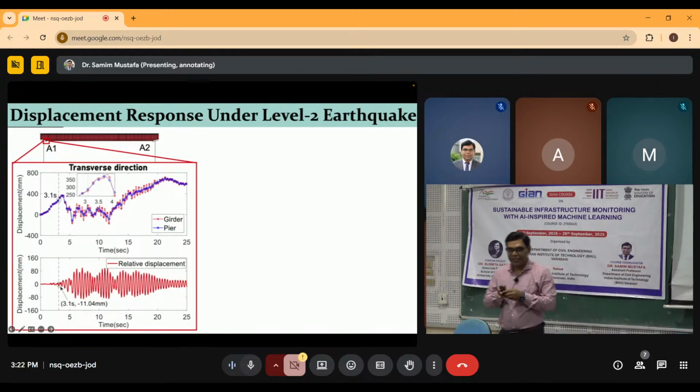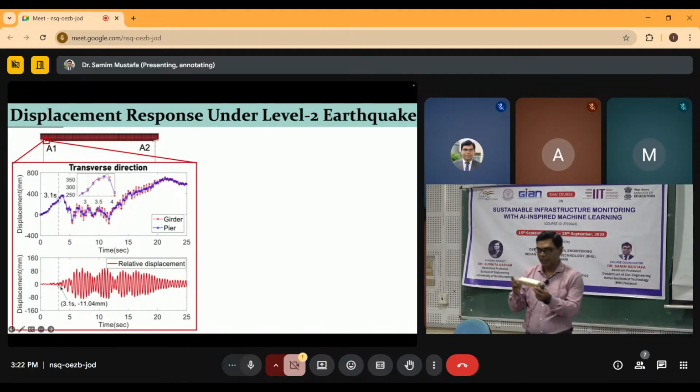So what is happening is, suppose this is the bearing, and near the bearing there is a side block at a distance of 10 mm. The gap of 10 mm was kept, and then a side block was designed. Similarly over there, both ways in the transverse direction.